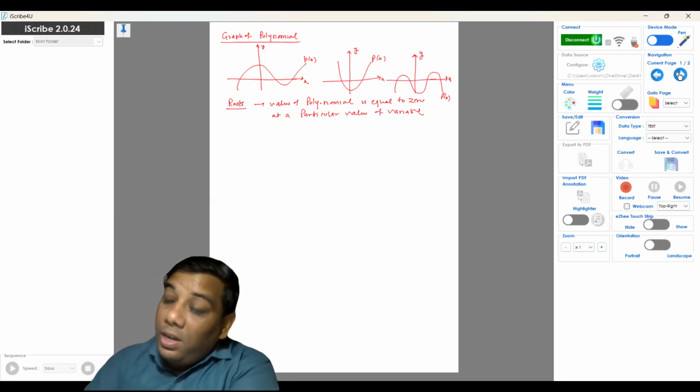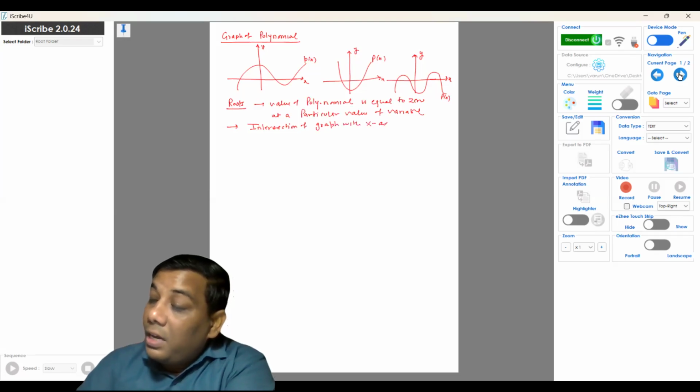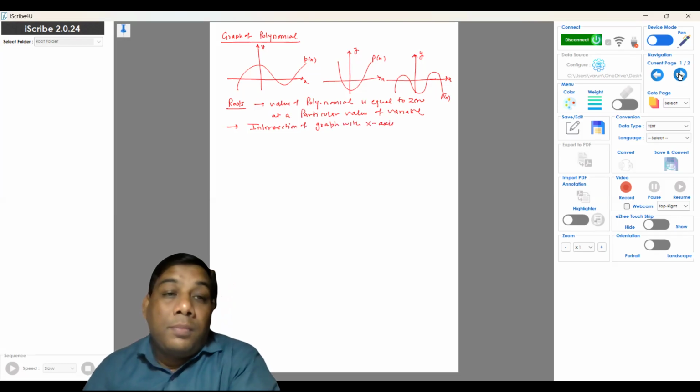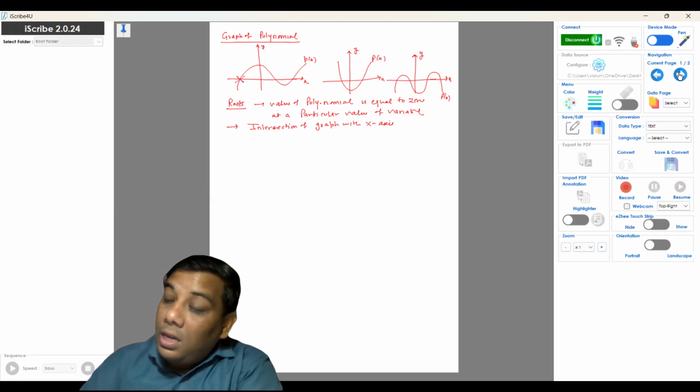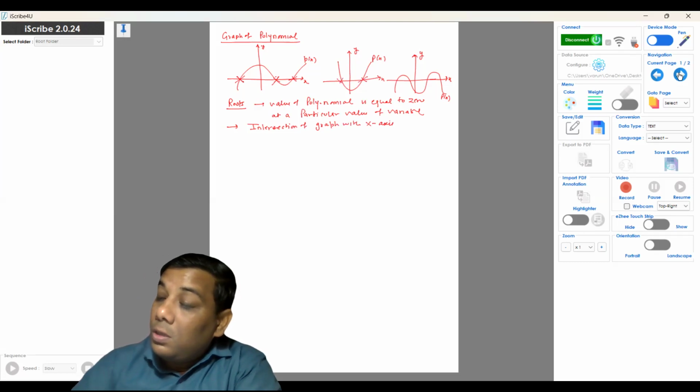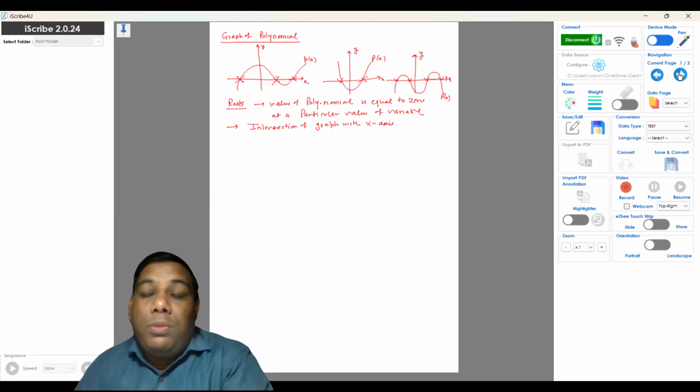In other words we can say that the intersection of graph with x axis, intersection of the graph with the x axis, these are the zeros of this graph. तो जहां जहां पर graph x axis को cut करेगा, those are the zeros of that polynomial.